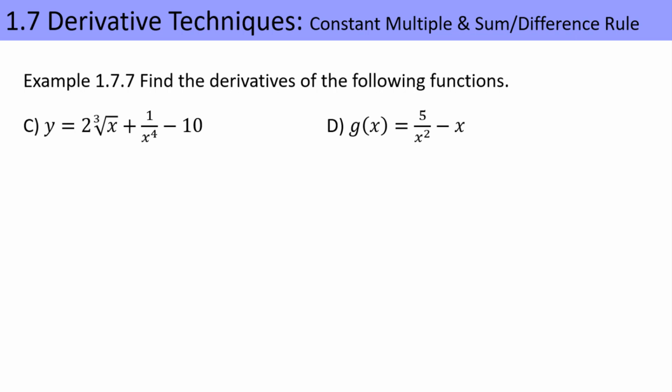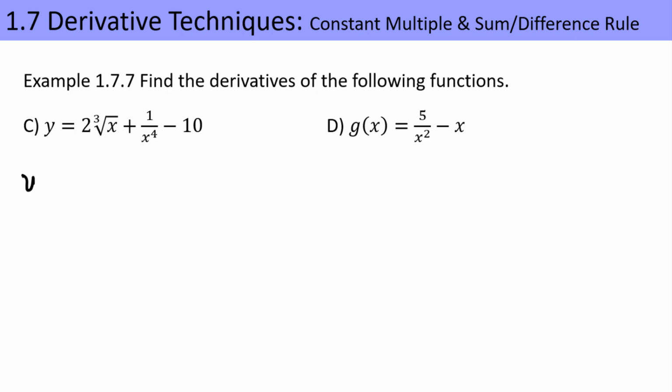Part C. Y equals 2 times the cube root of x plus 1 over x to the 4th minus 10. Let's rewrite the first 2 terms of this function so that we have exponents that are all in the numerator.